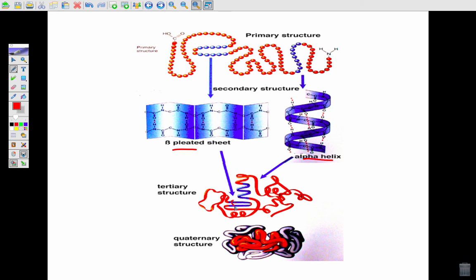In the tertiary structure, you can see that that beta-pleated sheet here, or the alpha helix there, is showing up in how the protein is folded, because this whole protein is folded a certain way. And then the quaternary structure is like this. Here's that hemoglobin molecule we talked about that has 4 different proteins in it.